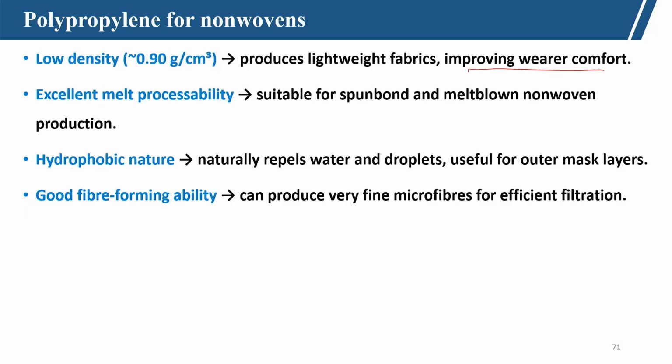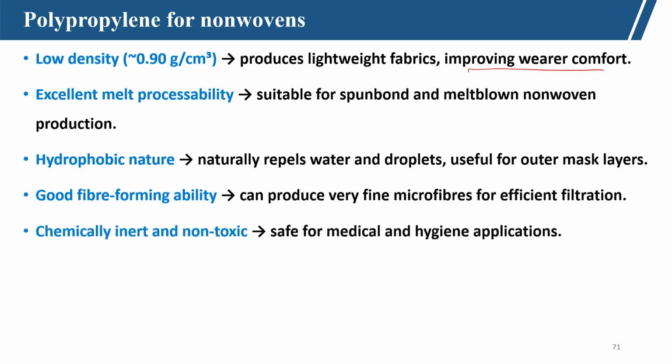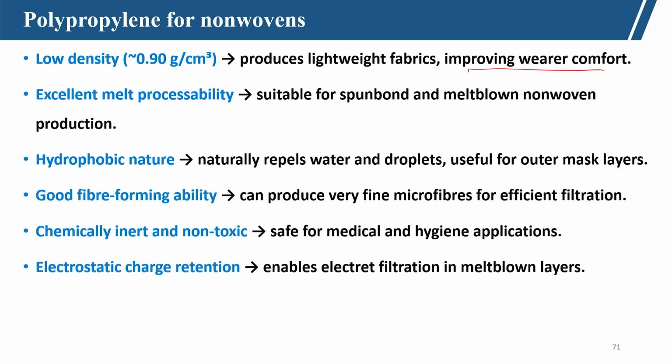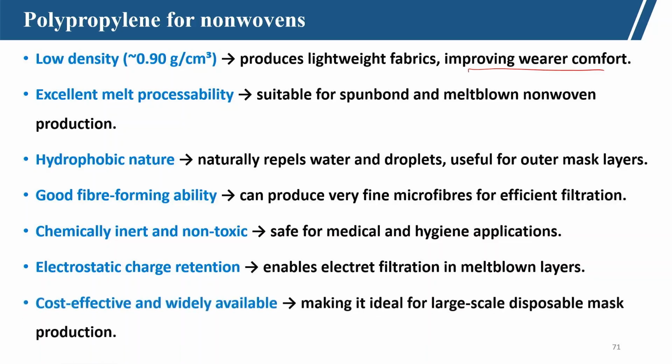It has good fiber forming ability, and is chemically inert and non toxic. Electrostatic charge retention capability is good, so in melt blown we can charge it, and its charge decay time is longer. It is also cost effective and a widely available material.